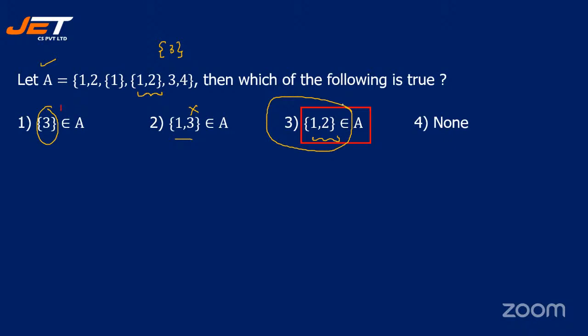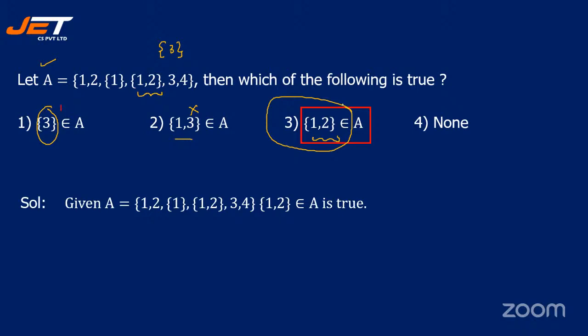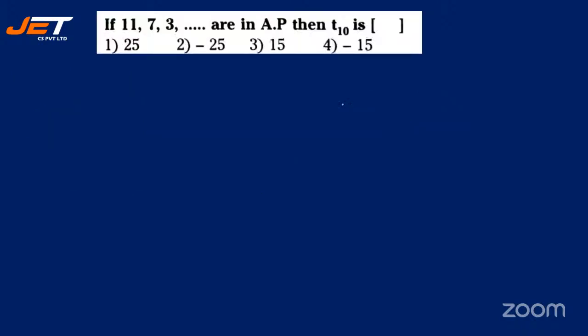Now we are moving on to the next question. If 11, 7, 3 are in AP, then you have to find T10. So what should we find out?